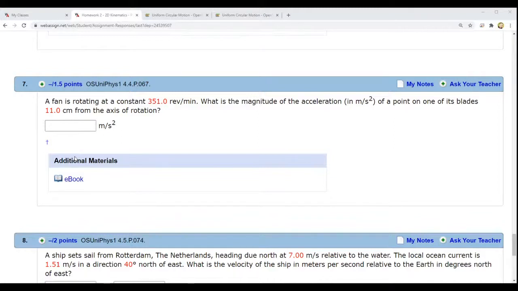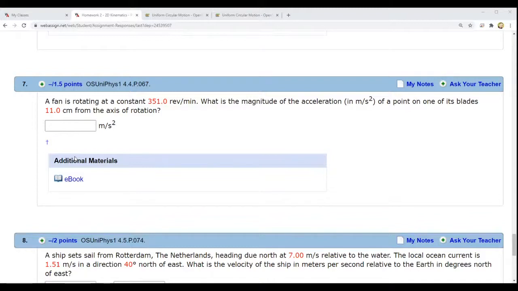The acceleration is going to be a centripetal acceleration, a center-pointing acceleration, because the blades are going in a circle. The axis of rotation is the center point of its path. And revolutions per minute, it may not look like it, but that is actually a measure of speed. We have to do a little bit of work to see the connection.